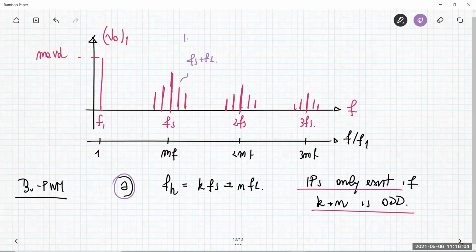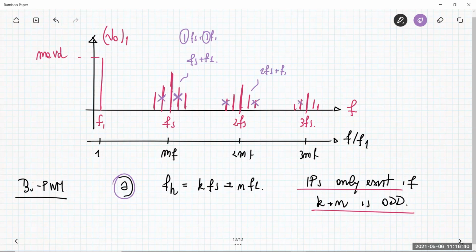So it means 1 Fs plus 1 F1. So the sum of K and N here is 2. So this quantity here does not exist. This harmonic does not exist because the summation is even. The same happens here. Here we have 2Fs plus F1. So now K plus N is odd, so it exists, but this one does not exist.